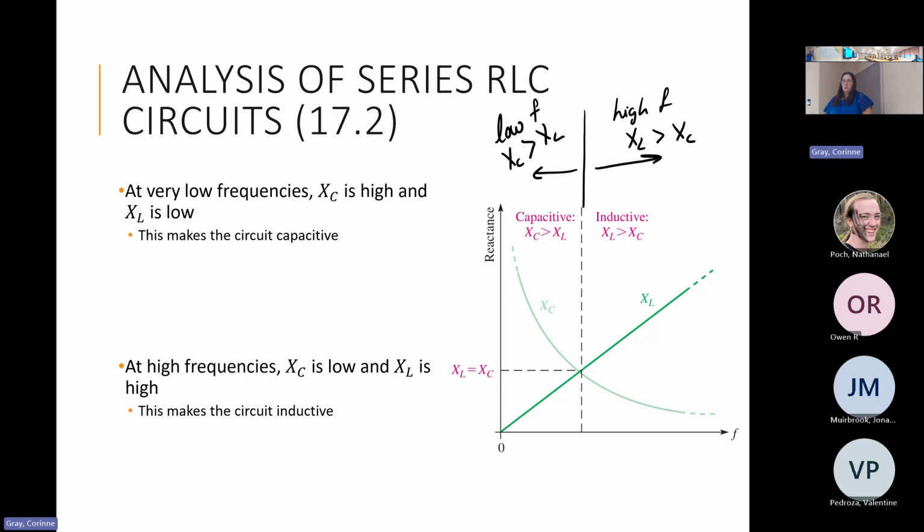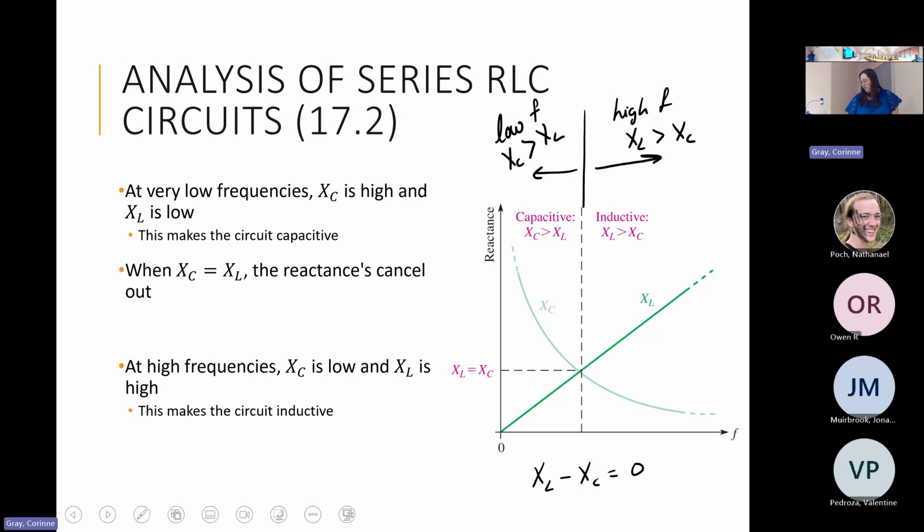If we think about what we're doing here, to figure out which one is more controlling, we're looking at XL minus XC. What happens when the curve and the line cross, when XC and XL cross? If I plug them into this equation here, what should that get me equal to? Sure. So at this particular point, the reactances between the capacitor and the inductor are going to cancel out.